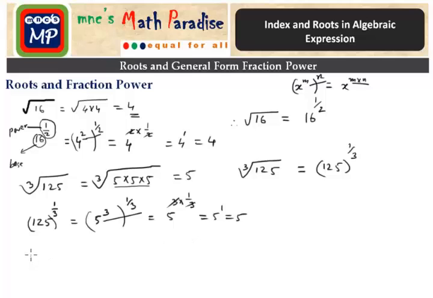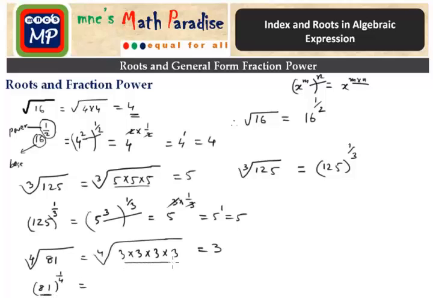Similarly, if we take another example with fourth root, say fourth root of 81, we can write it like fourth root of 3 times 3 times 3 times 3, because 3 times 3 is 9, 9 times 3 is 27, 27 times 3 is 81. So we can write it like 3. Now if we write 81 to the power 1 by 4, that means 81 can be written as the multiple of four 3's, that means 3 to the power 4. 81 is 3 to the power 4 and power 1 by 4.